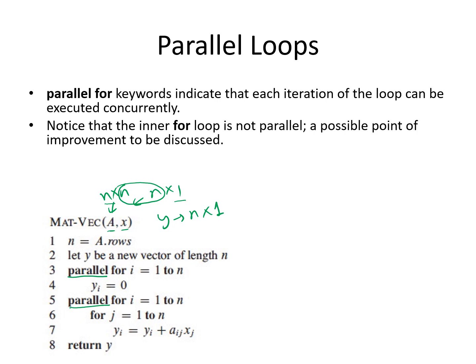So let's quickly go over this code. It's a standard code for matrix multiplication. So we start with finding the dimension of y, which is simply n. So we get the value of n by A dot rows, because A is a square matrix, so it has the same number of rows and columns. In the second line, we allocate space for this resultant vector y.